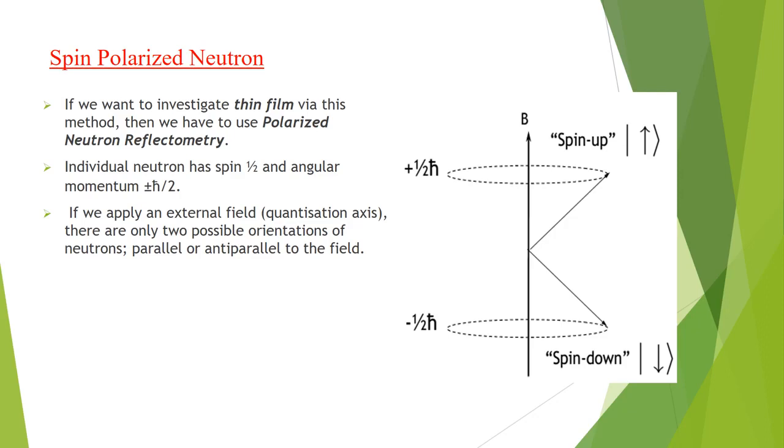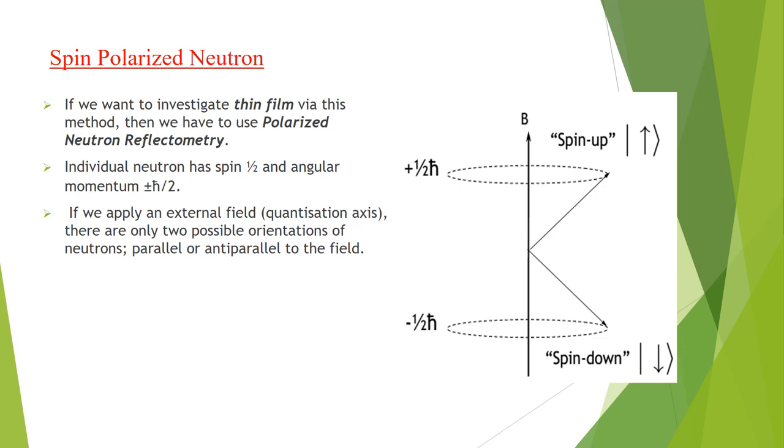An individual neutron has a spin of half and an angular momentum of plus or minus h by 2. If we apply an external field, there are only two possible orientations of the neutrons, parallel or anti-parallel to the field.